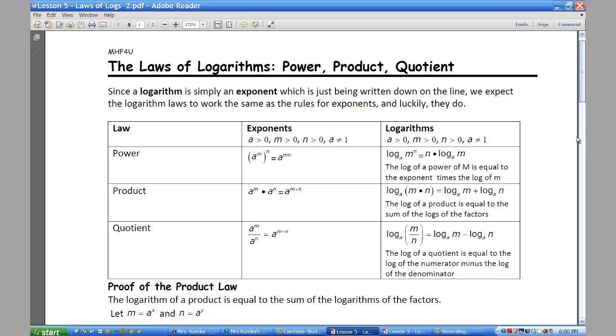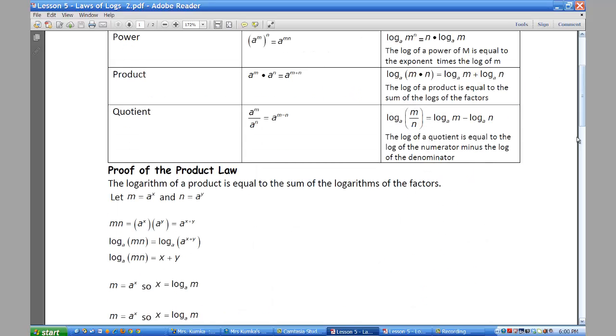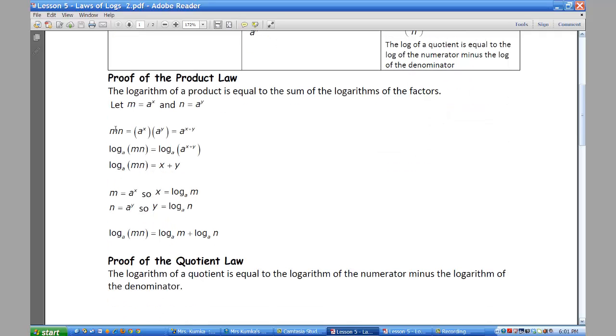For the proof of the product law, we have to substitute m with a to the power of x and n with a to the power of y. Then we'll get m times n is the same thing as a to the power of x times a to the power of y. Because the base is the same, we can add the exponents.